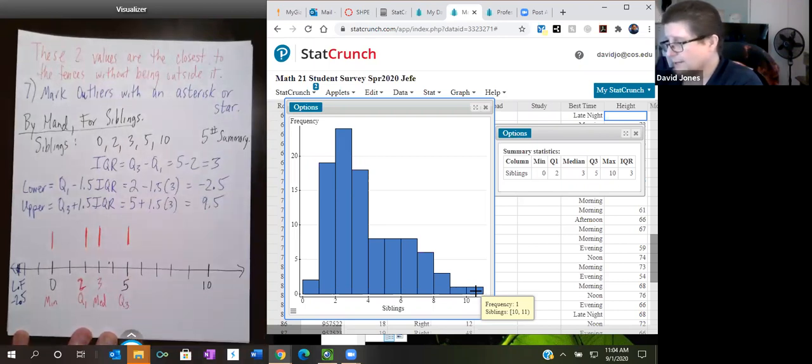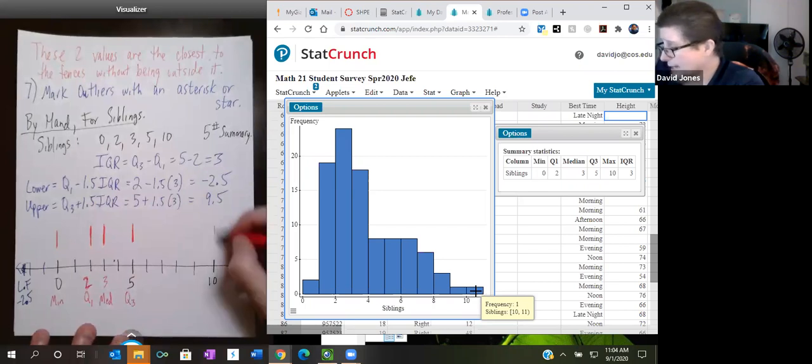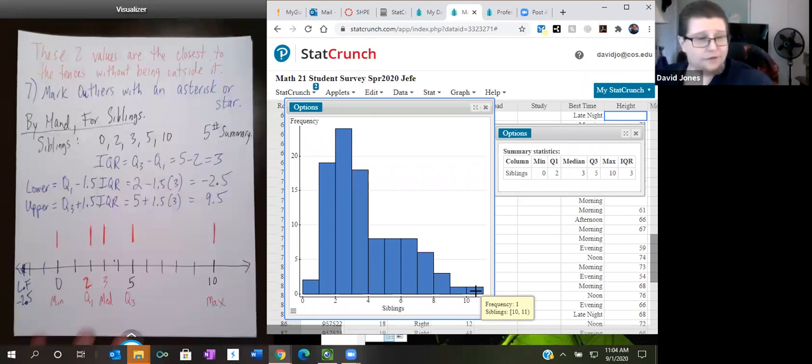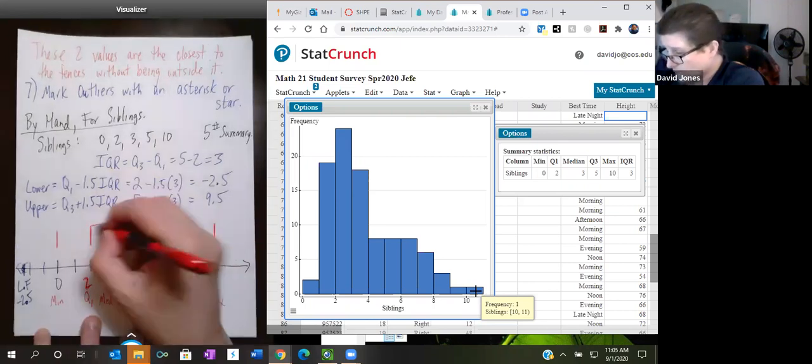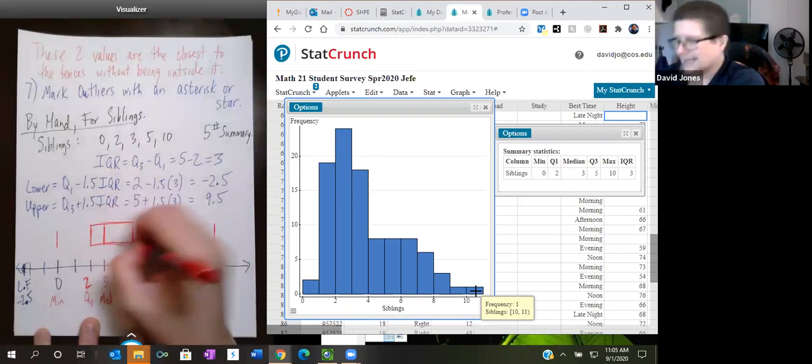Sorry, I keep saying Q3 there. And the max was 10. So I drew my 5 vertical lines above my values on the number line. And then I make a box connecting the top of the lines for Q1, median, and Q3. Like that.